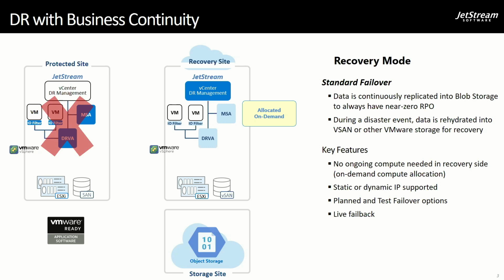So what we'll see here, when we start a failover, is that we need to transfer the ownership of that protected domain from the JetStream installation on the protected side to the JetStream installation on the recovery side. We call the feature IO fencing. It's there to make sure that while the virtual machines are protected, only one site can update the configuration and only one site can update the data.